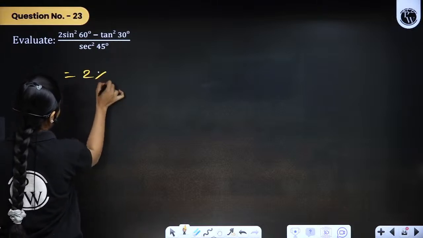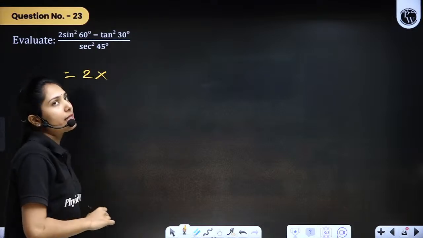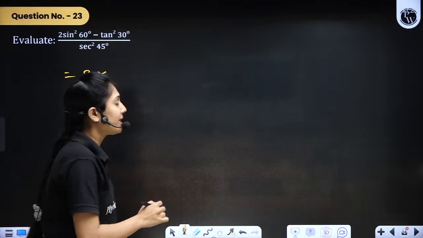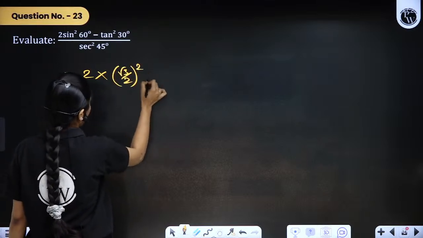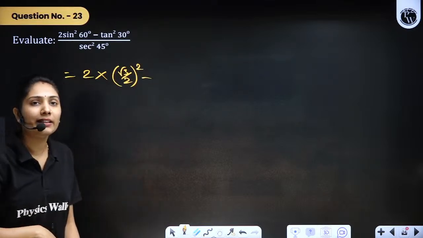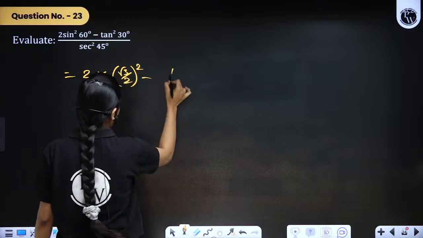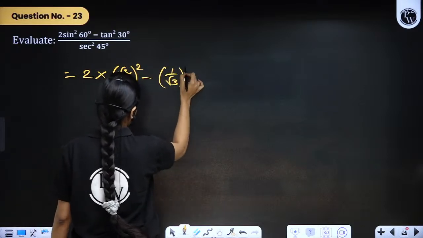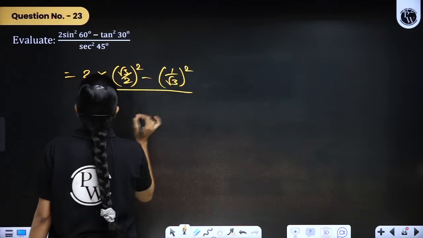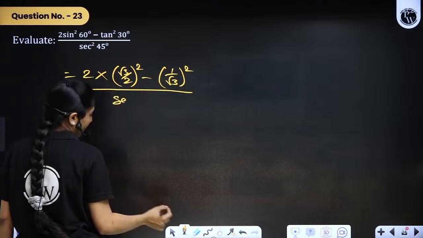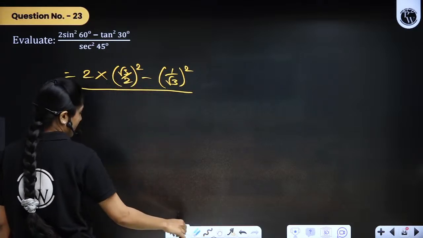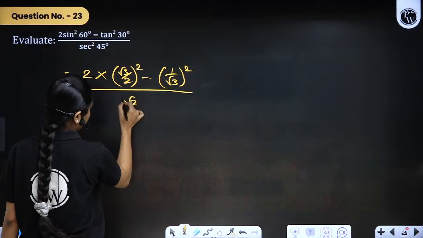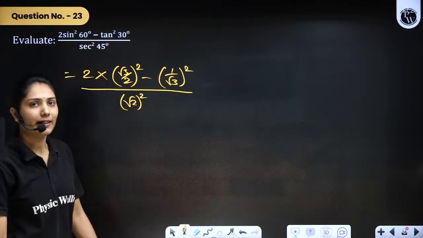It's 2 into sine square 60. Value of sine 60 is root 3 by 2. Minus tan 30. Tan 30 is 1 by root 3. Divided by sec 45. Now what's the value of sec 45? It's root 2. Correct? Yes.